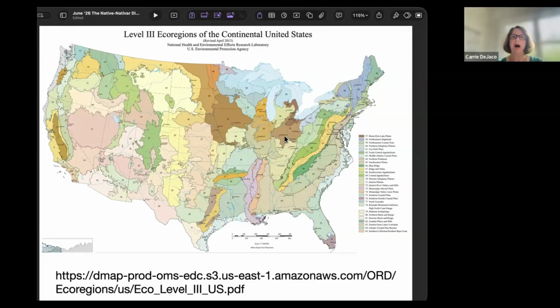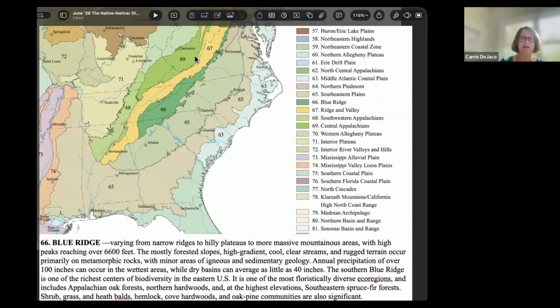According to the biomes of the US, the whole eastern part of our country would be considered eastern deciduous forest. But we know that those forests differ significantly from Pennsylvania to North Carolina to Alabama to Florida. The term ecoregion gets into really more specifically things like climate and also things like the types of rocks and soil in an area.